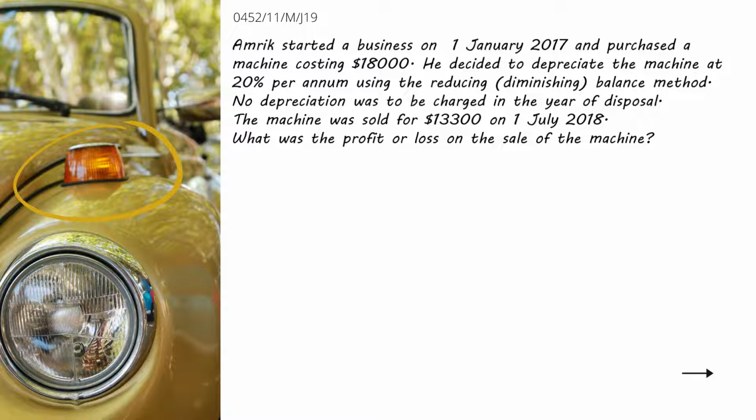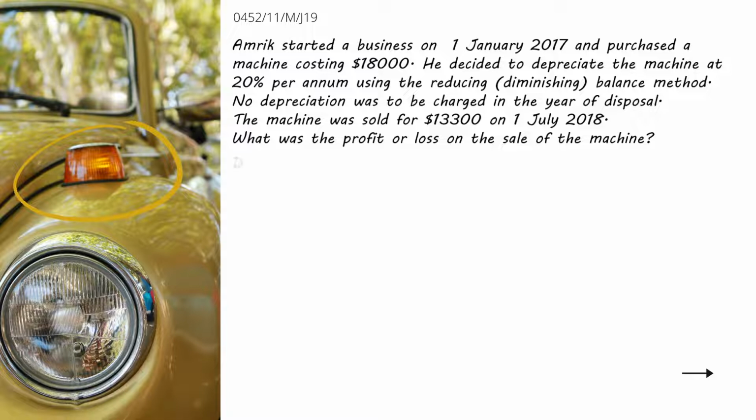Alright, when he sold it on 1st July 2018, they just want us to know what is the profit or loss for the year of the sale of the machine. They also mentioned that there's no depreciation to be charged in the year of disposal.